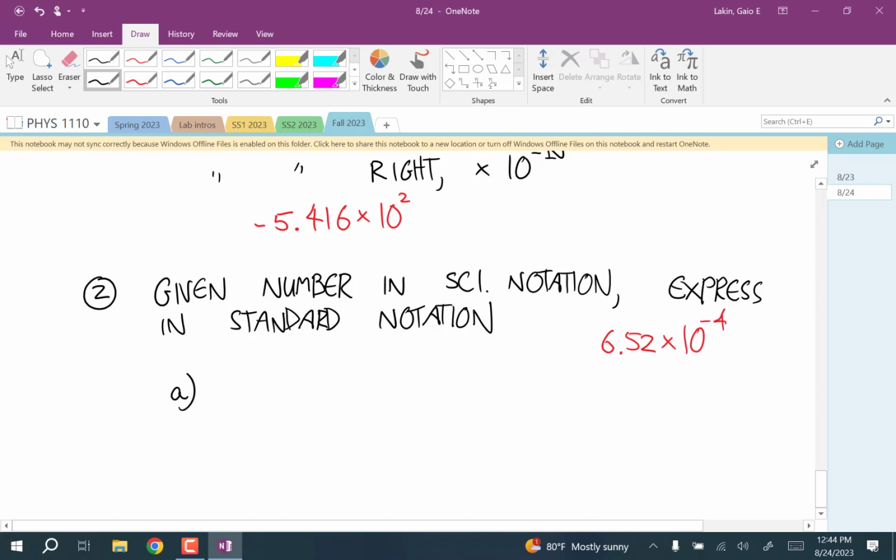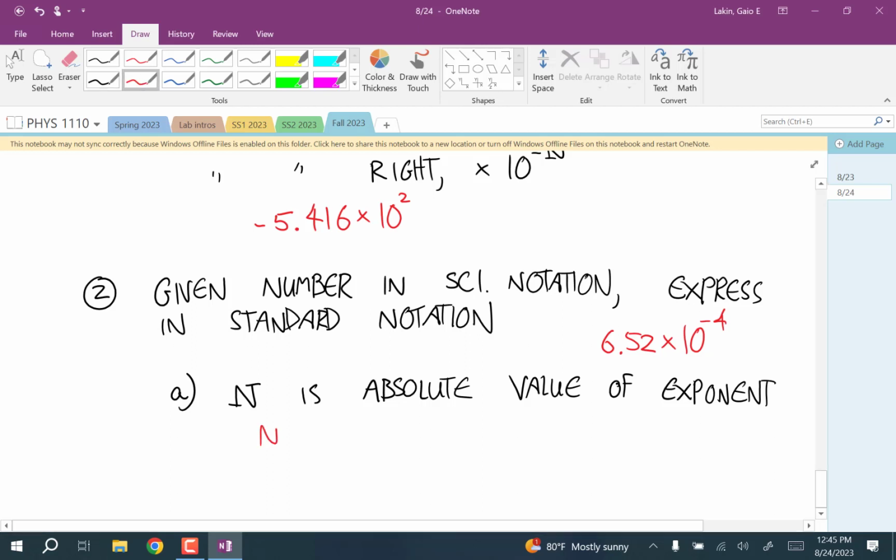Okay, so the first step is, n, this number n, is the absolute value of the exponent. So in this example, capital N is equal to 4.